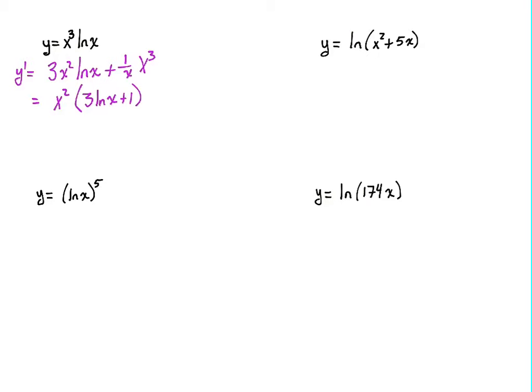Next, over here, we're in the natural log. This, again, is a composite function. What we have is one function inside another. We have x squared plus 5x inside the natural log function.